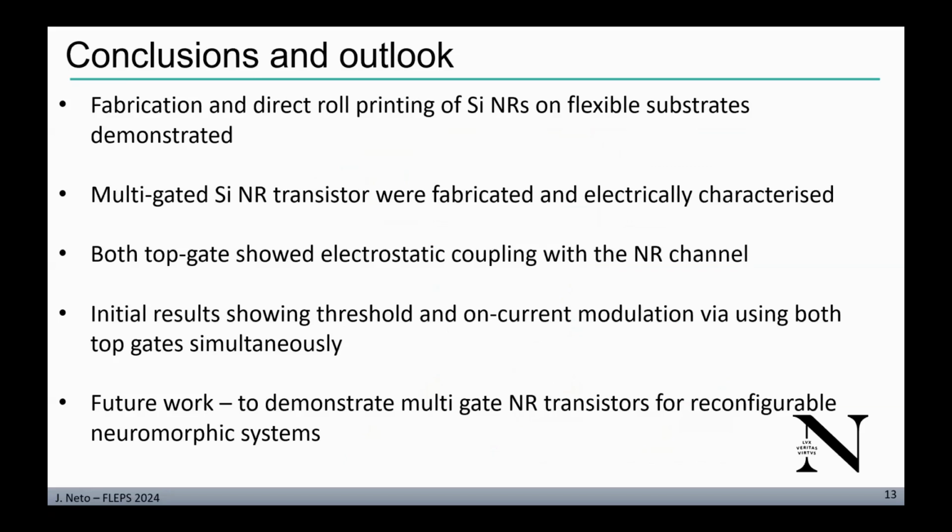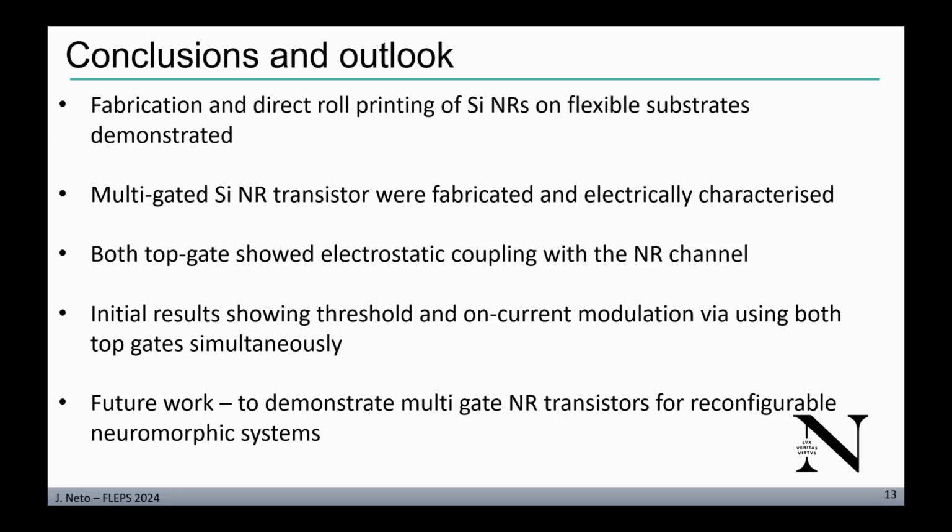So that brings me to the end of my talk. The conclusion and outlook is that this work presented the fabrication and direct roll printing approach for silicon nanoribbon based transistors on flexible substrates. Particularly, I showed the multi-gate silicon nanoribbon transistor, which was fabricated and characterized as shown in the results.